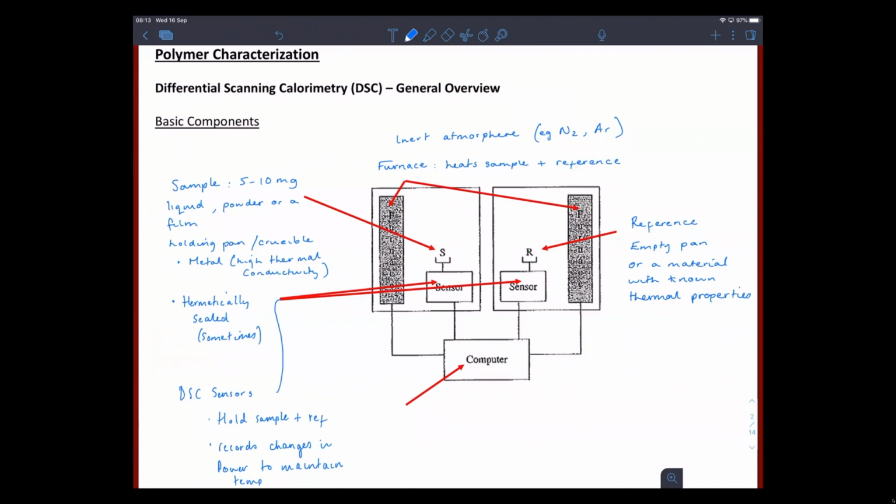And then we have a computer, which is just the processor for the whole instrument. And that controls ramp time and temperature. It uses the electrical signal from the sensors to control the sample temperature.